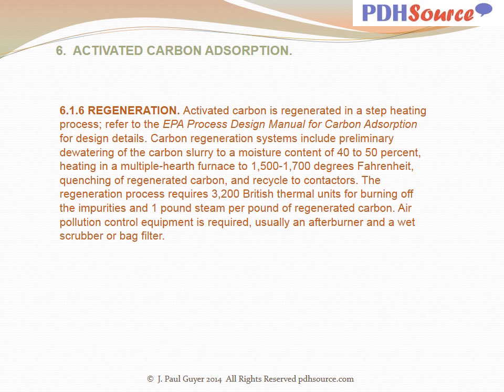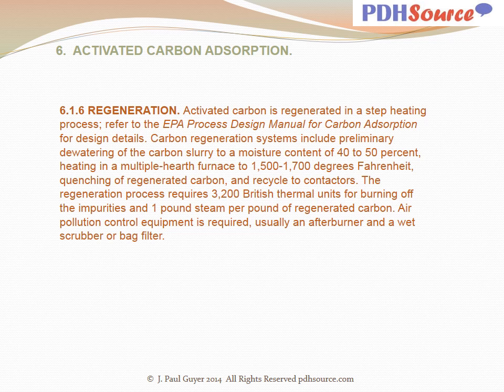Activated carbon is regenerated in a step heating process. Refer to the EPA Process Design Manual for carbon adsorption for design details. Carbon regeneration systems include preliminary dewatering of the carbon slurry to a moisture content of 40 to 50%, heating in a multiple hearth furnace to 1500 to 1700 degrees Fahrenheit, quenching of regenerated carbon, and recycle to contactors.